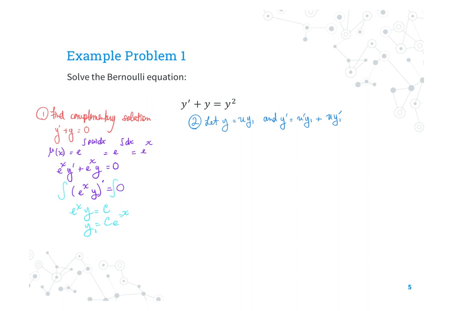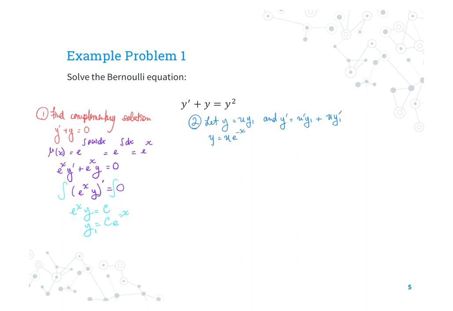So let's plug those back in. Here y1 is c e to the negative x. We're going to go ahead and lose the c here because we can assume it can be rolled into the u. So we're just going to say u e to the negative x.